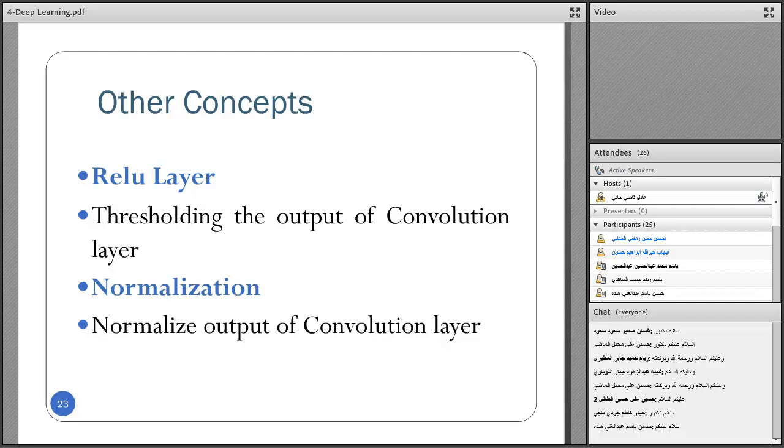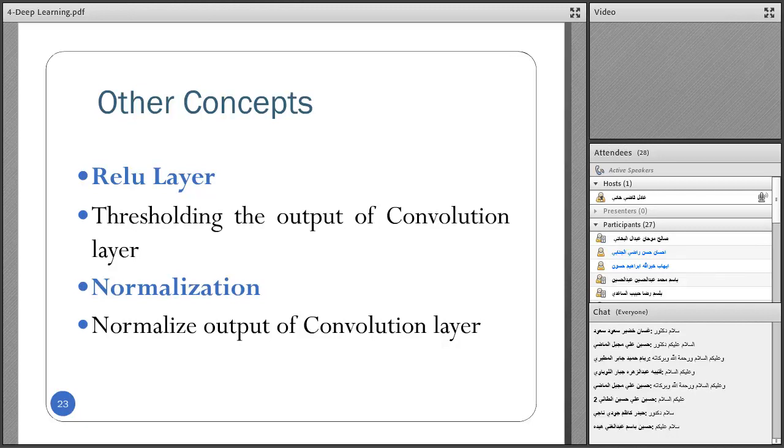There are some other layers, as we said, in the convolution neural network, or CNN. The main difference between the CNN and a normal neural network is that in the CNN we are extracting features.